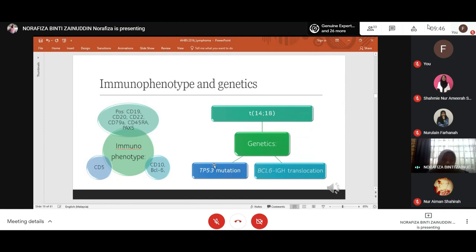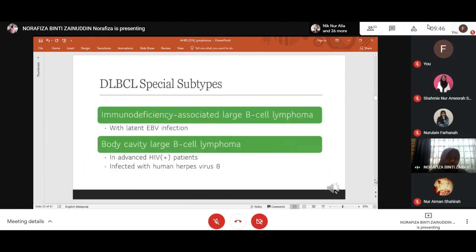P53 mutation happens in almost all cases with the LBCL. P53 is actually a tumor suppressor gene, so when there is a mutation, there will be a rapid progression of this disease.